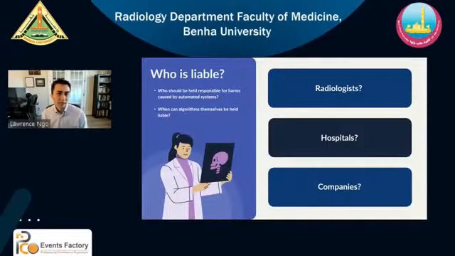And then, especially in the United States, I'm not sure what the situation is in Egypt, but medical malpractice liability is a hot topic in the United States. The question always comes up as to what to do with the liability when an artificial intelligence algorithm makes a mistake in the medical context that could lead to the harm of patients.